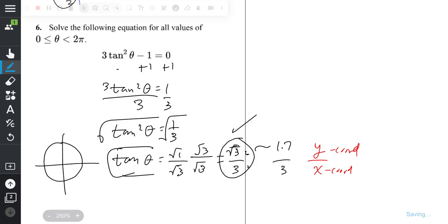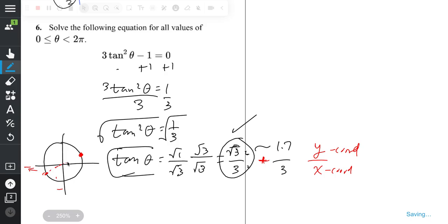Where is y smaller than x? And by the way, it's positive. y is smaller than x here. And this is where y and x are negative, so we have to look over here.